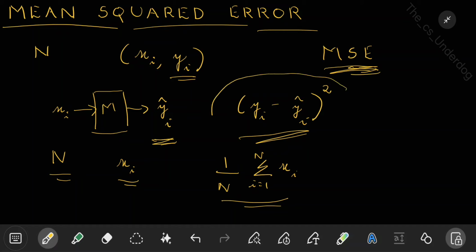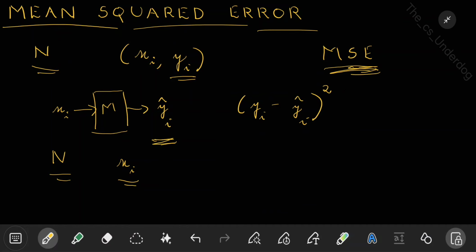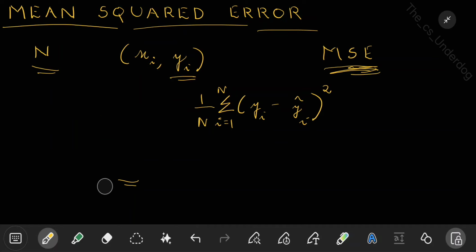So if this is your squared error for the ith input, how are you going to get the mean of the squared errors in case there are n points in the data set? The same way you did the mean here, you are going to do the mean of this value: 1 by n sigma i equal to 1 to n, yi minus yi cap, the whole square.